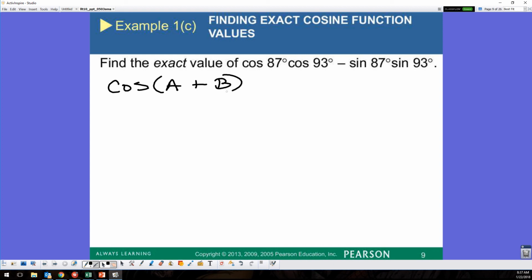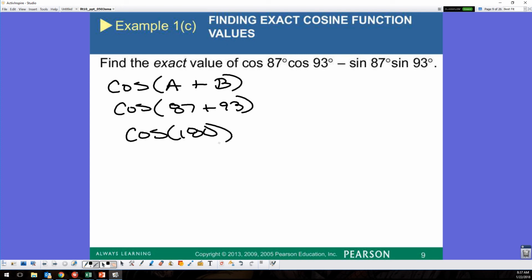So now I'm working this backwards. I have it all worked out. So now it's going to be the cosine of a, which is 87, plus 93. What do I get? 180, right? So let's see. So cosine of 180, is that on my unit circle? Yes, it is. It is on my unit circle, which gives me what?